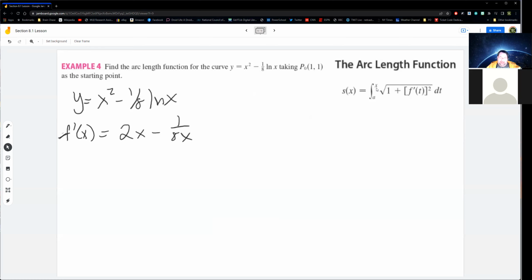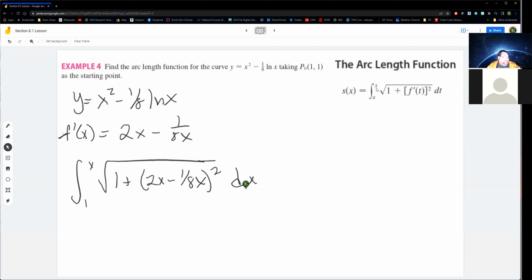This is just basically telling you which values it's solved in terms of. All right, so now we've got my integral from 1 to x of the square root of 1 plus (2x minus 1/8x) squared dx.